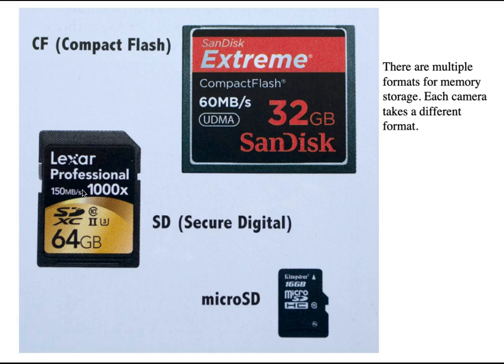And for this class, generally you can get away with one. Typically I have a few on hand. Anything that's electronic will fail at some point. These are really small. These are really easy to forget in pockets. These are really easy to go through the washing machine. And the price on these have really come down a lot. So generally I have about 4 with me, and I rotate them all the time.